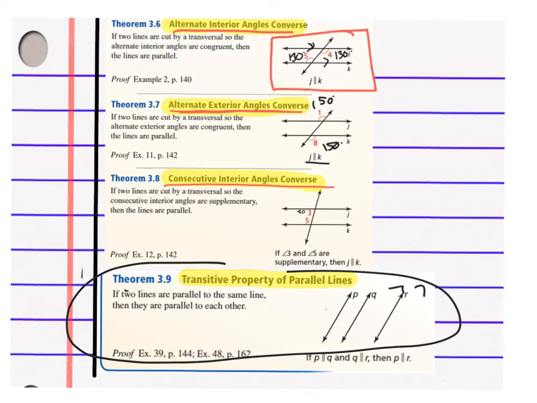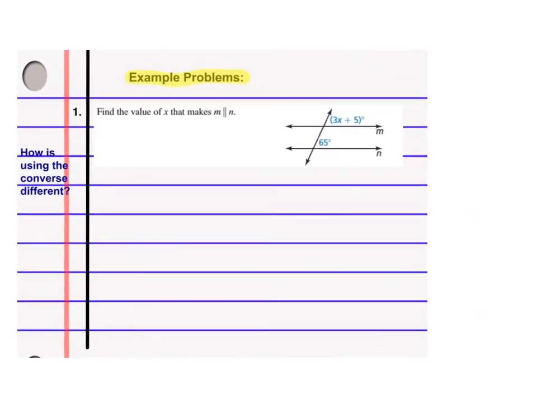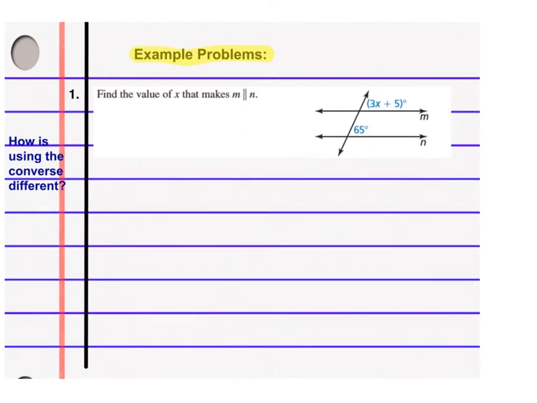All right, let's keep going. So here's example problem 1. Find the value of x that makes line M parallel to line N. So I'm getting this angle, 3x plus 5 and 65. I want to ask myself, what type of angles are these? Top right, these are corresponding angles, so they are congruent. So they are both 65 degrees.